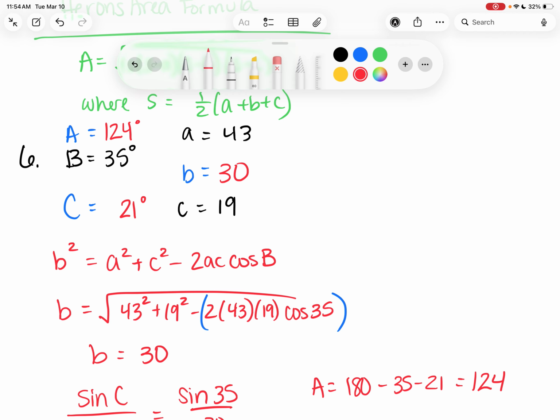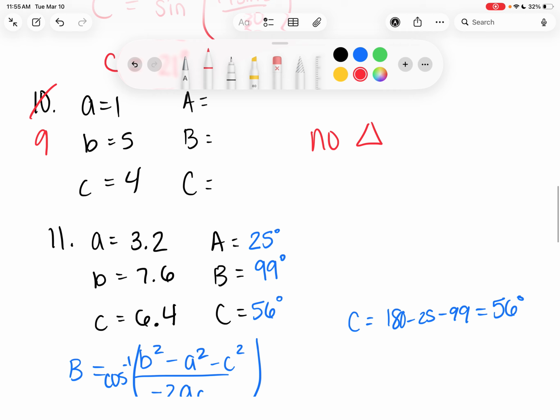Because I see a problem in the homework, it might not be one that I assigned you, but it gave you 2 sides and an angle, and it's still no triangle. And the only thing I can come up with is that the third side added together doesn't give you a side length that works to actually make a triangle. So you might be able to solve it, but it might not really make a triangle. So just be aware of that.